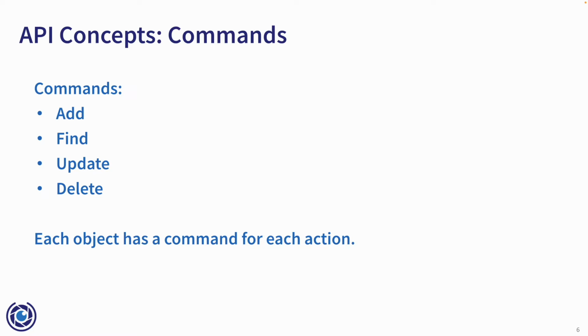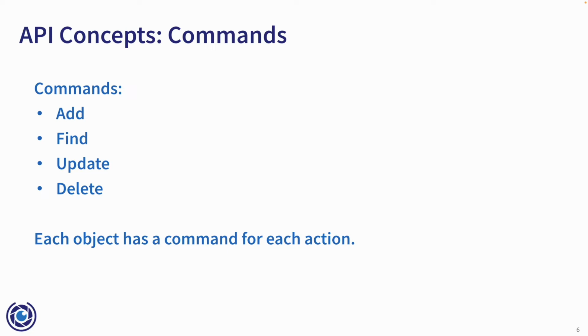Another very important concept is the commands. When you write a query in ApertureDB, that query is composed of a sequence of commands. The most basic commands that exist are the add, find, update, and delete commands, which essentially are modifiers of the specific objects.